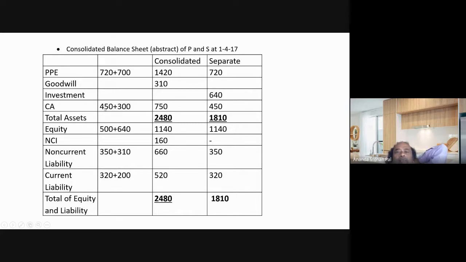Current asset is 450 for the parent company, that appears in separate, and 300 is the fair value of the subsidiary. That total, 750, is in the consolidated, and the total is 2480 total assets. In separate, total assets is 1810.